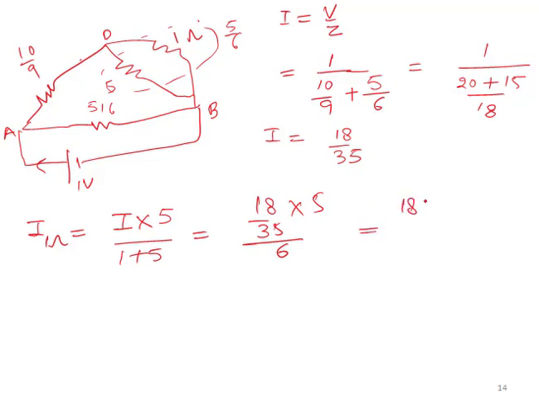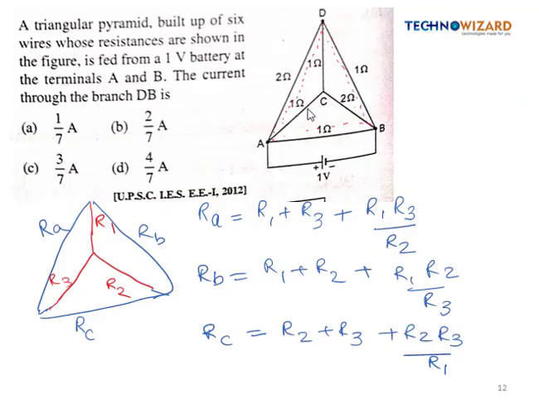So it will be 18 into 5 divided by 35 into 6. So it will be 3 by 7. So current through 1 ohm is coming as 3 by 7 ampere. So see the options, option C is correct, right?